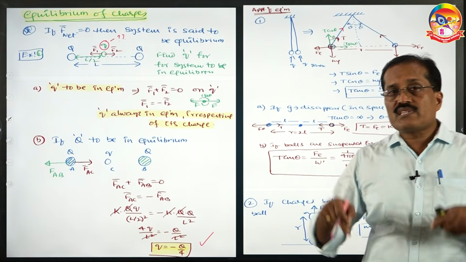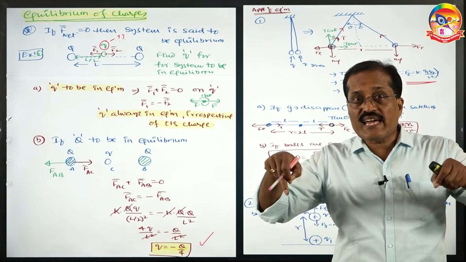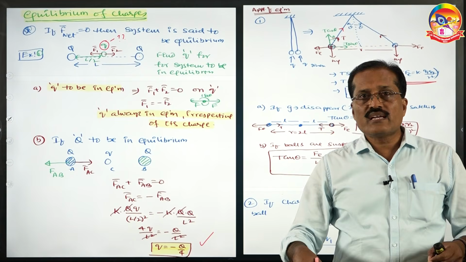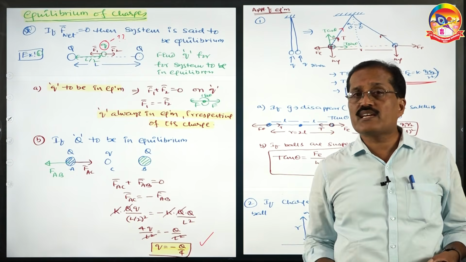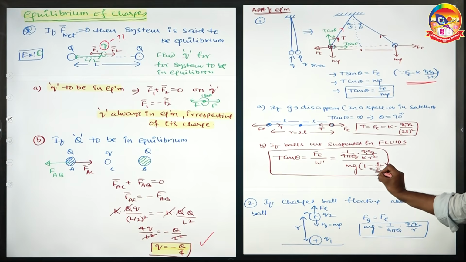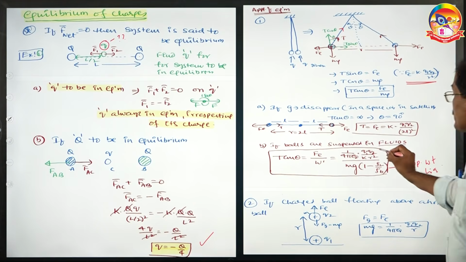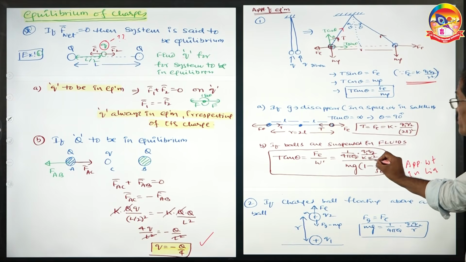And one more case: if this complete system is placed in a liquid, then the weight of the bobs in the liquid changes, which is equal to mg into 1 minus rho L by rho B. This is the apparent weight. We also call it the apparent weight in liquids, right children, and this is equal to 1 by 4 pi epsilon naught q1 q2 by k r square.